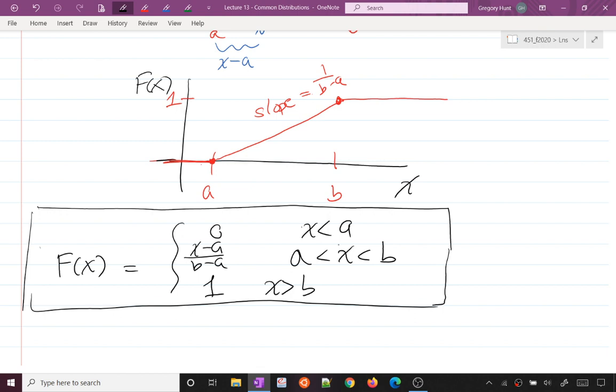It's not going to change the answer because the integral over a countable set is 0. They just won't add up. They're not dense enough to matter. And so in this case, you could say less than or greater than. Doesn't really matter because the probability of being at that point is 0. Probabilists and statisticians are generally very sloppy on those edge cases. So you'll see that quite a bit.